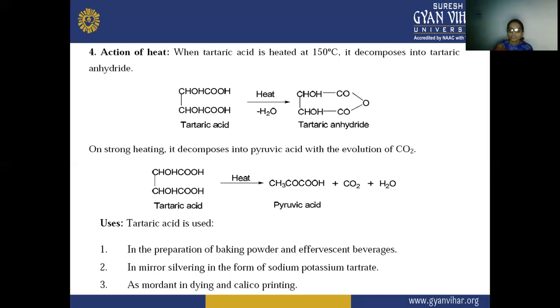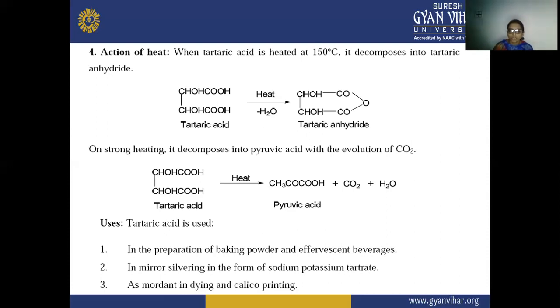Next, the action of heat. When tartaric acid is heated at 150 degrees centigrade, it decomposes into tartaric anhydride, with the removal of a water molecule. On strong heating, it decomposes into pyruvic acid with the evolution of CO2.